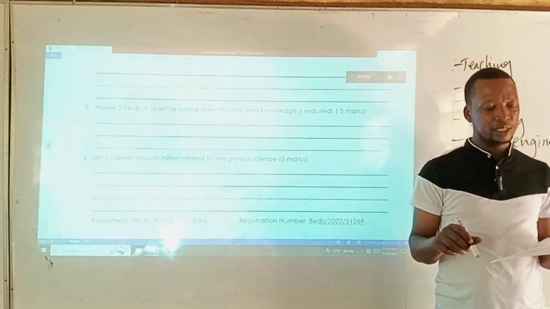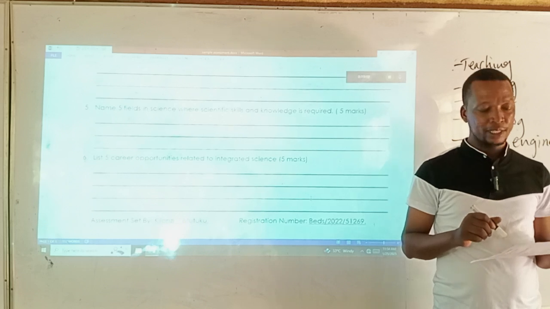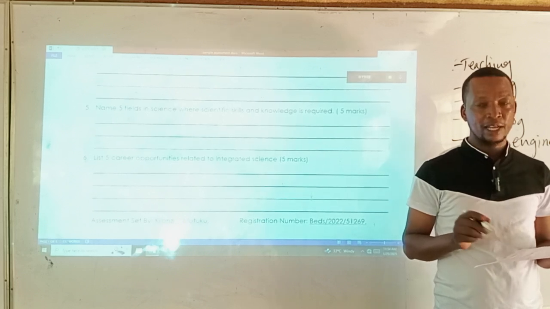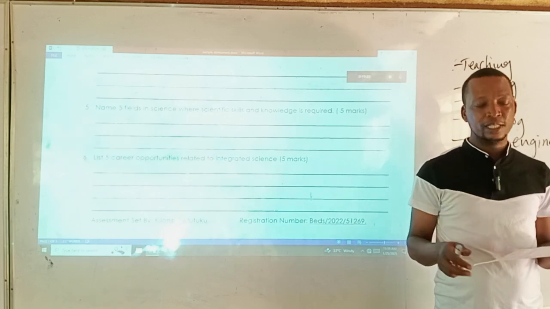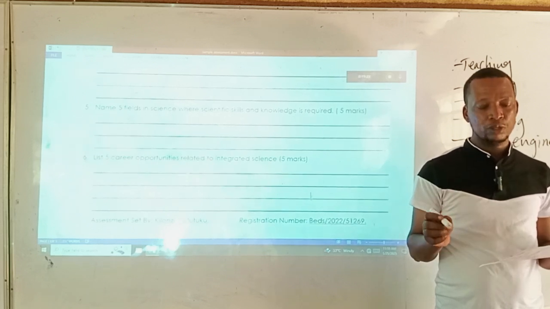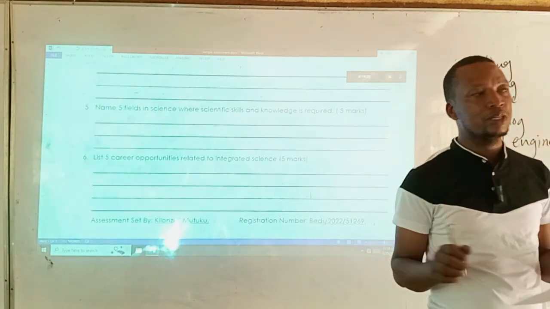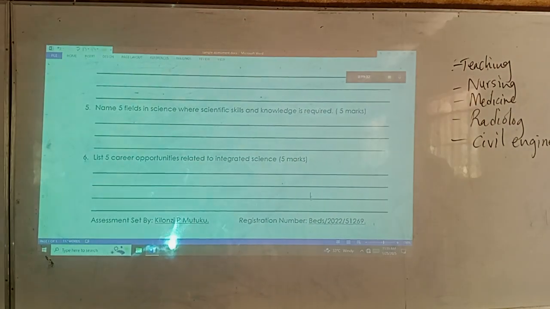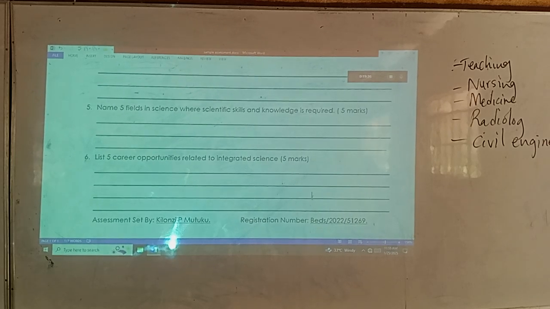Then approaching expectation, between 10 and 6 marks. Then below expectation, between 5 and 0 marks. So that was the assessment rubric which I use to award you marks.